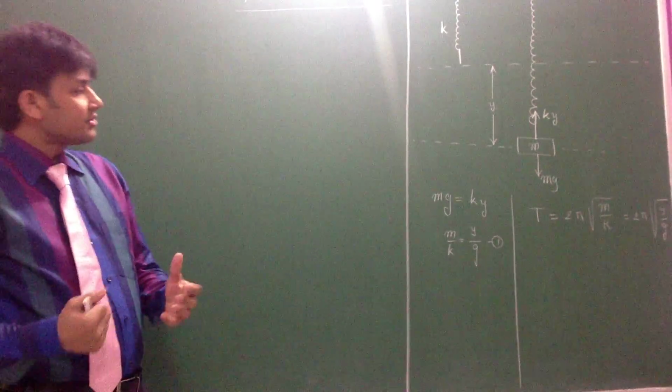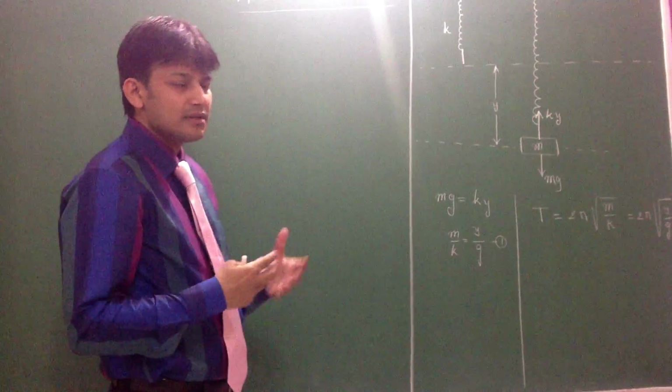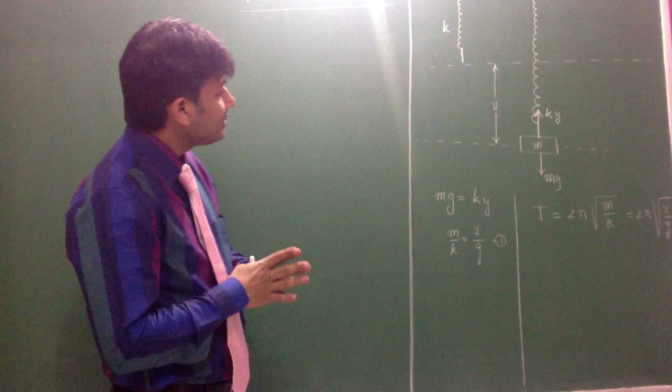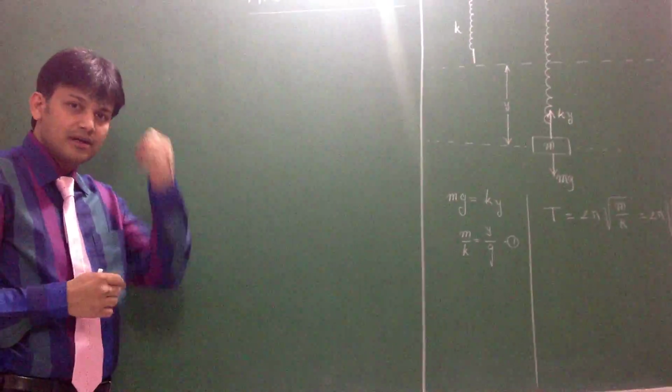Today in this short session I am going to consider some systems of spring and we will find the time period for the object which is suspended from that spring.